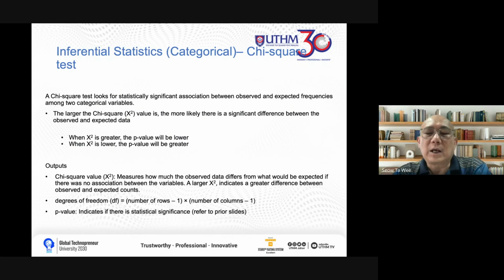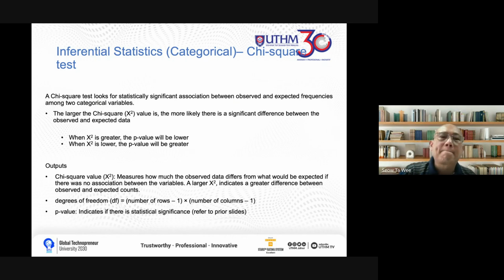A larger X² indicates greater differences between the observed and expected counts. The degrees of freedom, df, is the number of rows minus 1 times the number of columns minus 1. Normally we just show the df, and the p-value is the significance statistic.